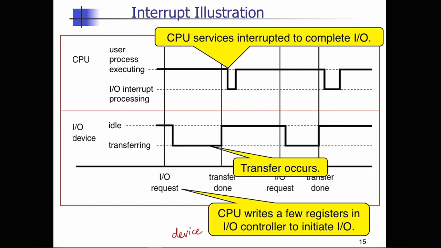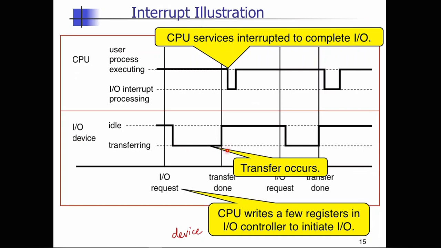We will be taking a look at a little bit more detail about what happens at each step in another diagram. But right now, we know that the I/O device has requested the CPU's attention here. It has to write a few registers to let the device controller know what to do with that particular request.